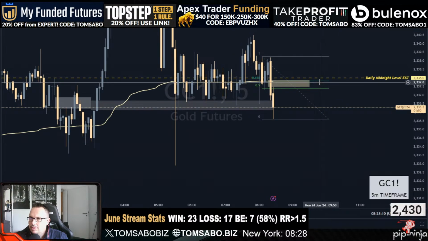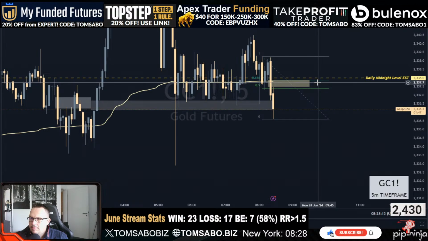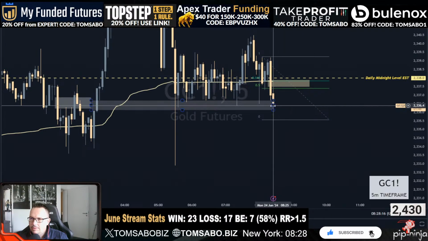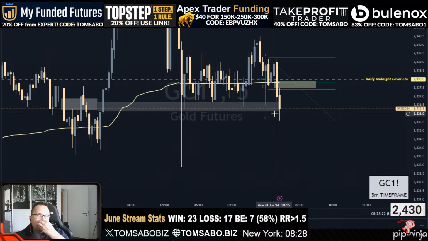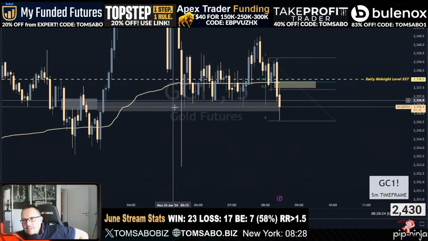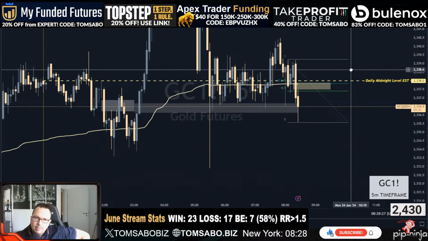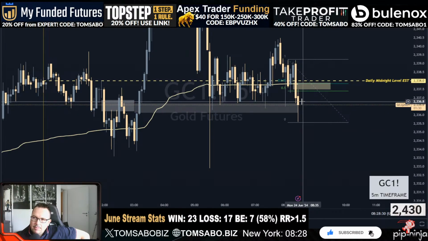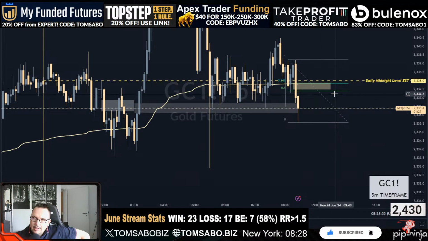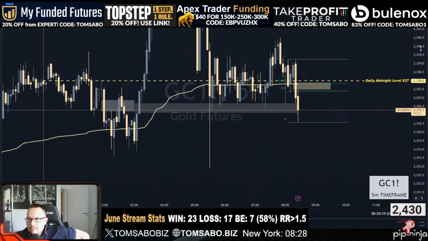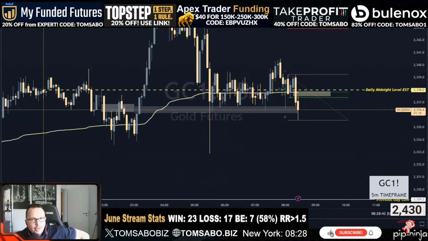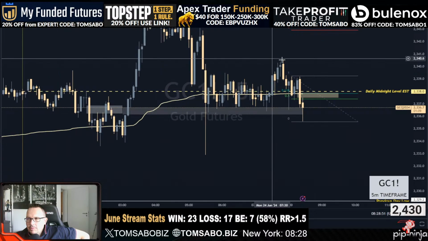Well, I would put a limit order, but I think I would wait for this candle to close below this. If it trades above this gap, now this gap was kind of like a support level. So if it's going to trade back above, I'm not sure if it will have the momentum to break through it again to the downside, but we'll cross that bridge when we get there, right? We will cross that bridge when we get there.